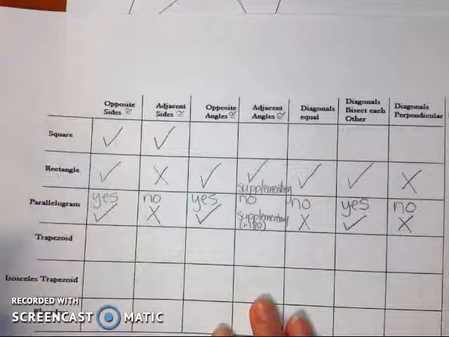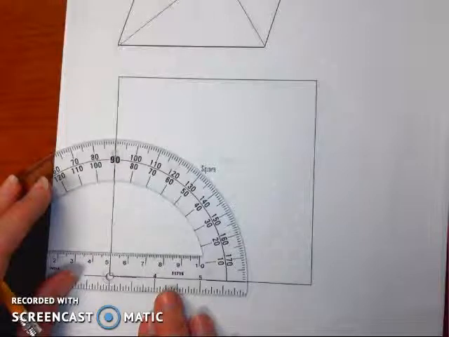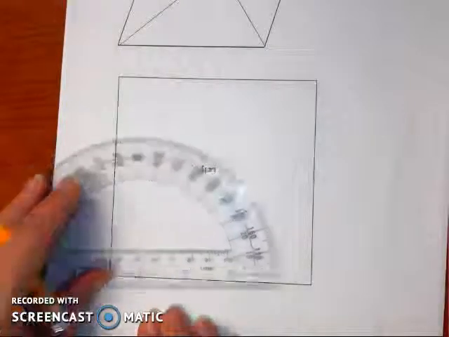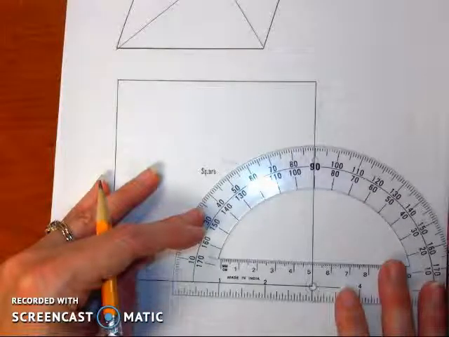Now I want to check angles. I want to see if they're congruent, so I'm going to get my protractor. Based on the definition of a square, all 4 angles should be right angles, so I should get 90 degrees on all 4 angles.